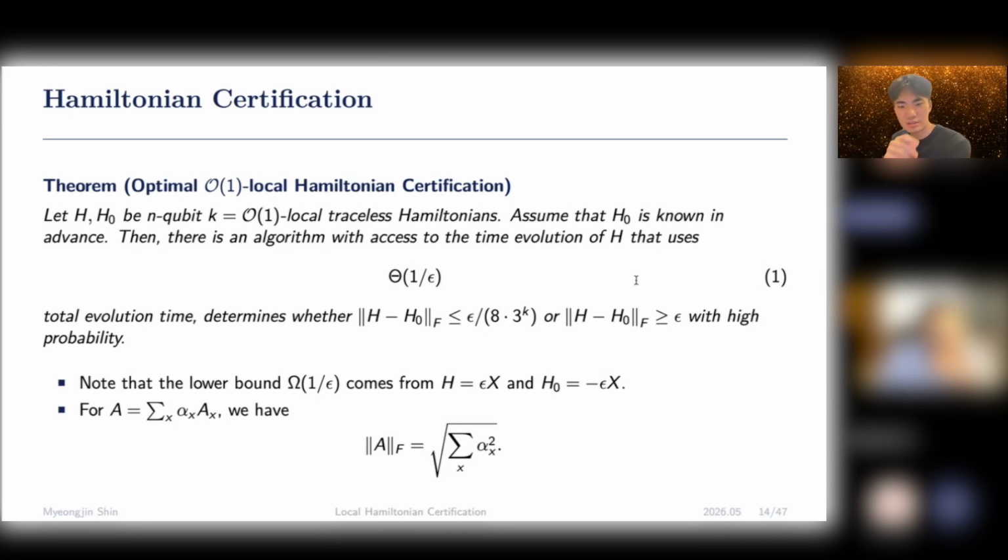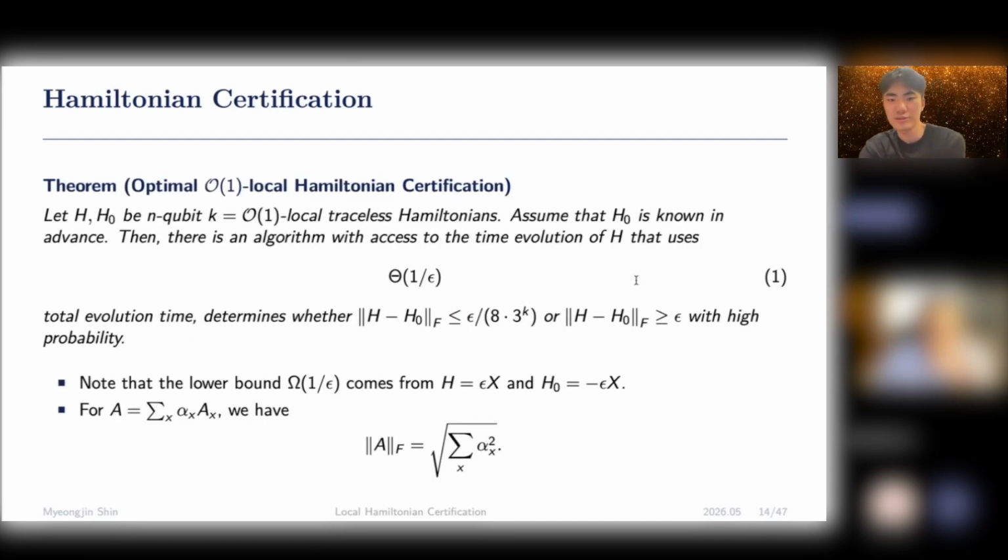You might notice that it is the squared sum of the Pauli coefficients of the matrix, and then we can just take the root, and that's the Frobenius norm. We should remember it for the later slides.